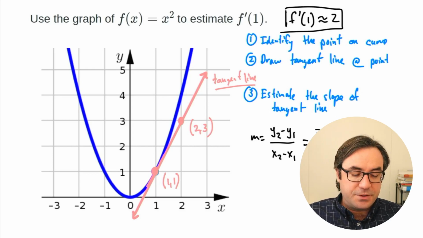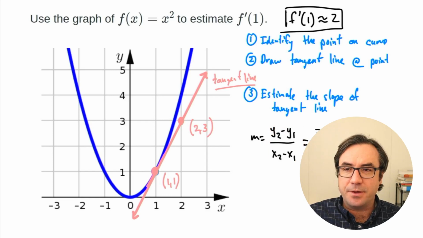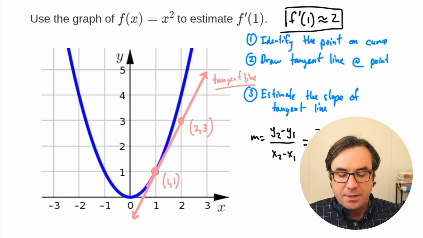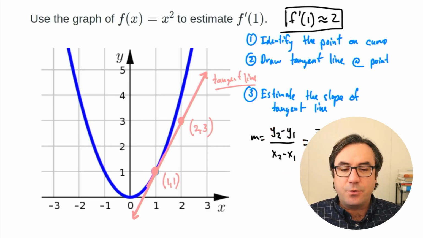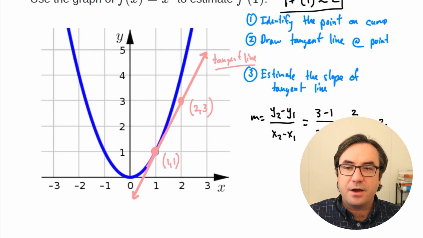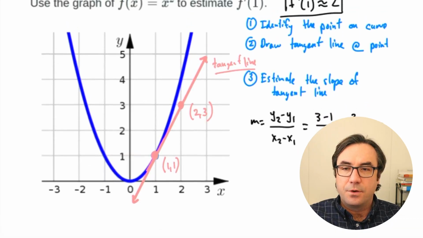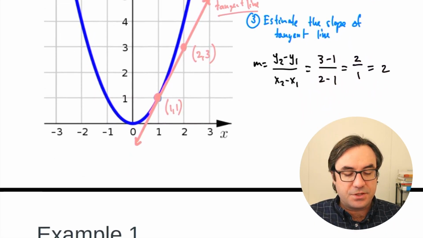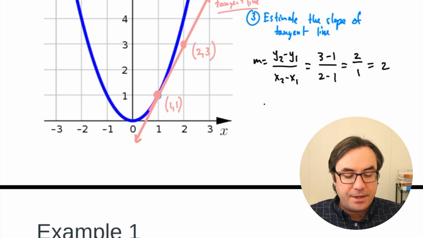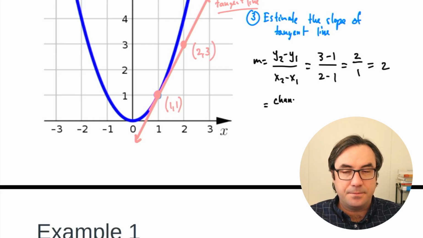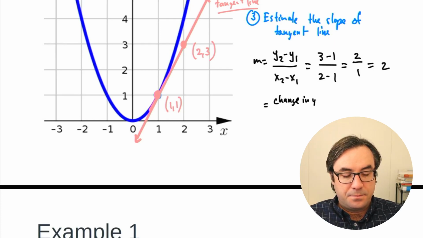Now, we could have used this change in y over change in x formula, but we can also think of this graphically. Another way to estimate this value is to think of slope as change in y over change in x.